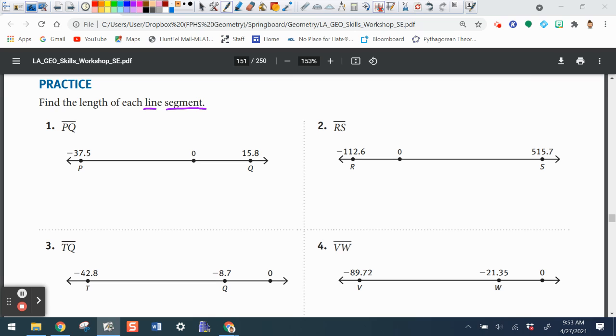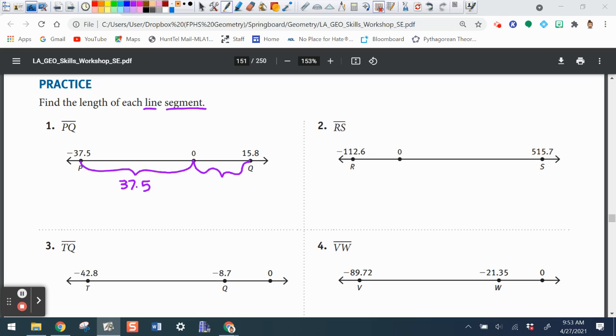So there's two ways to approach this. The first thing we're going to do is find the distance from P to 0 and the distance from Q to 0, and then add those two distances together, essentially utilizing what's known as the segment addition postulate, breaking PQ into two segments and then adding the two segments that create PQ. So what is the distance from negative 37.5 to 0? Well, none other than 37.5 units.